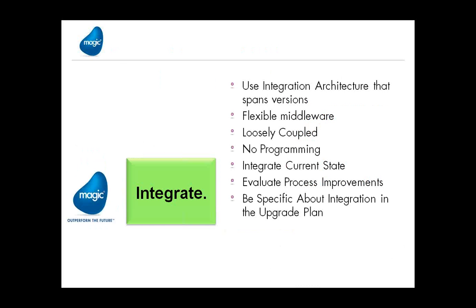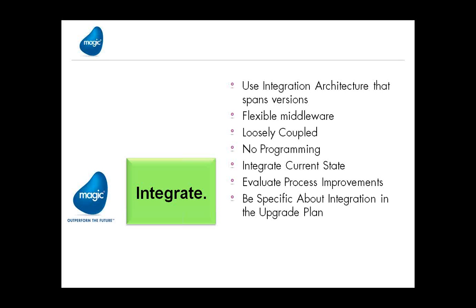Now, let's talk about the second phase in the integration process. What are some of the best practices that we see here? Well, first of all, you need to use integration architecture that spans versions of J.D. Edwards and other systems. This is really key to having an approach that is going to be survivable over time. This means you need to look at the use of flexible middleware, which is loosely coupled. It's not tightly programmed, but rather is utilizing business functions.